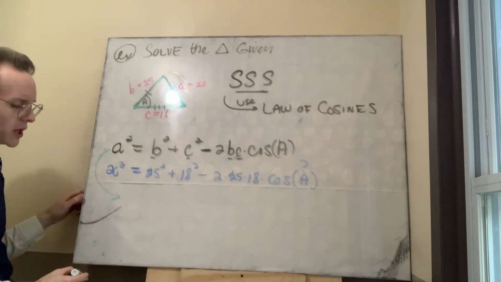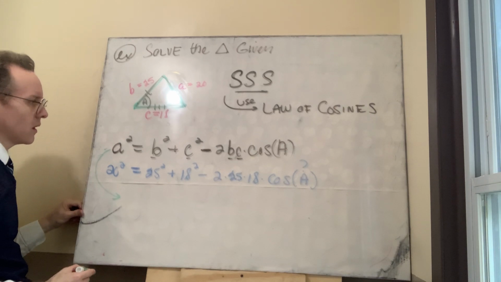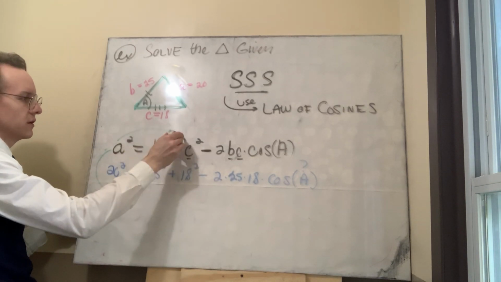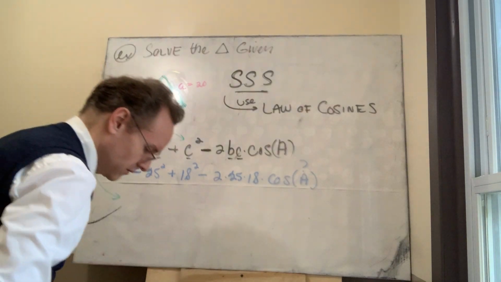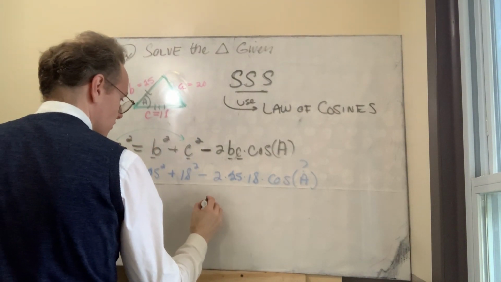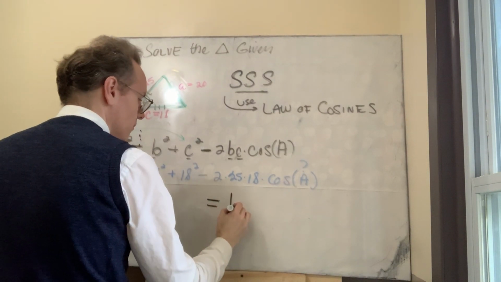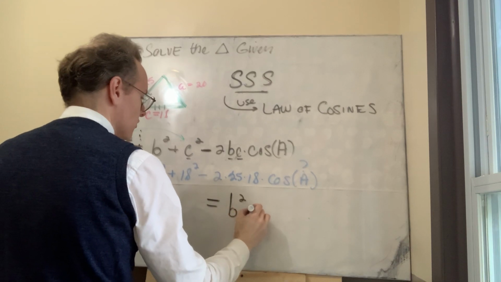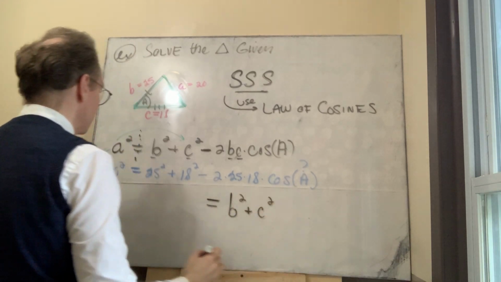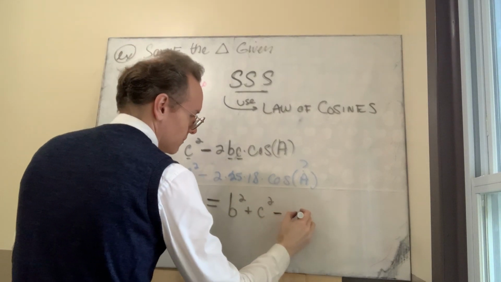If I were to drag A over to here first, then what I would have is this on the right side. I would have B squared plus C squared, and then if it's positive on this side, it would logically have to be minus on this side.